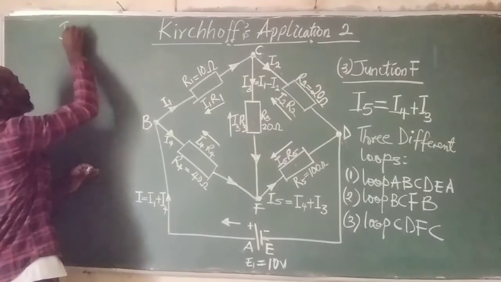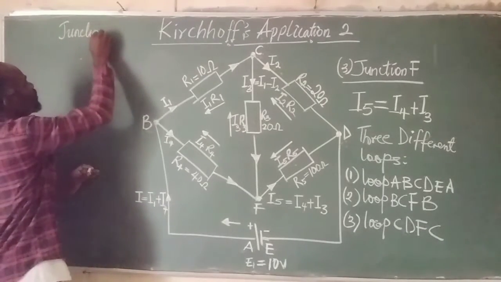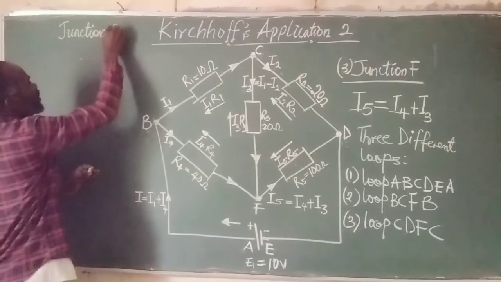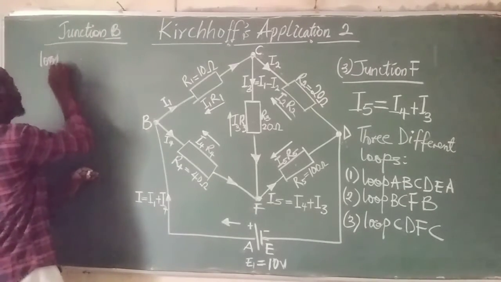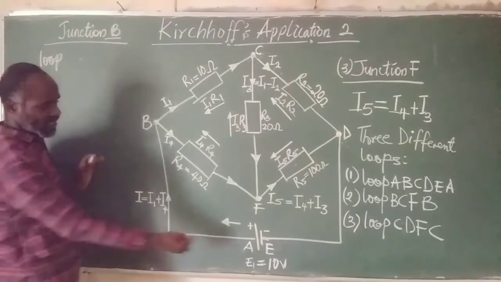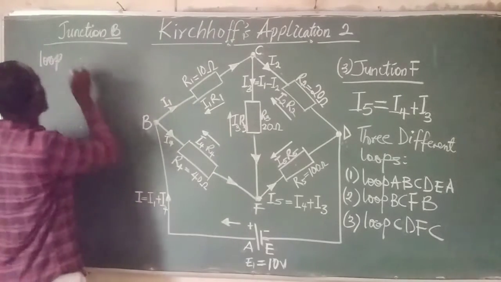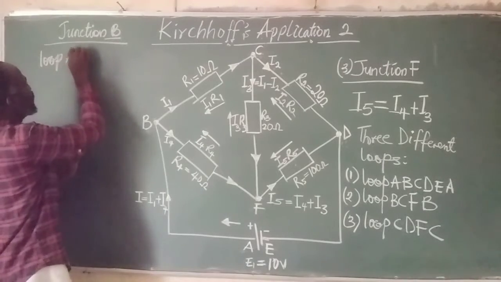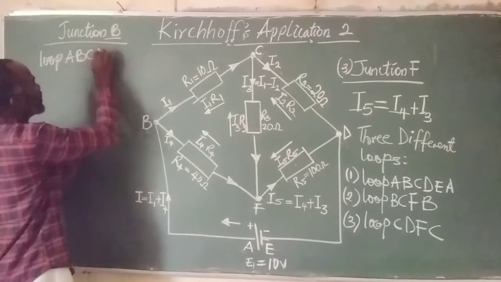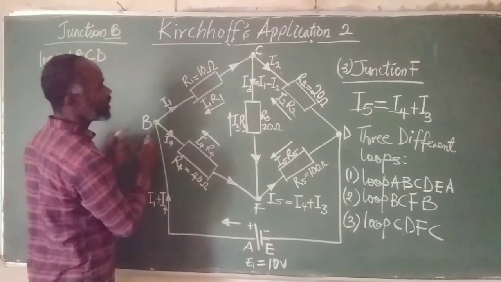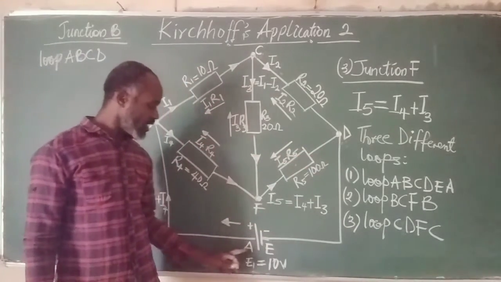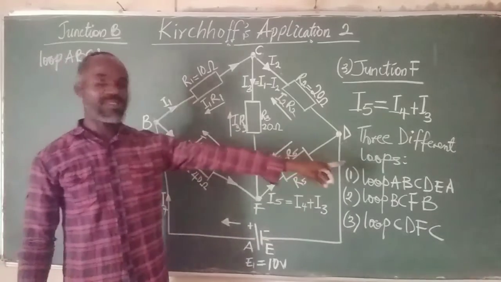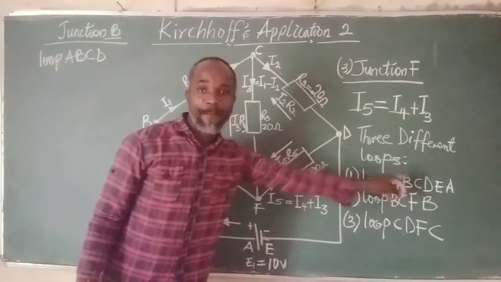We have junction B. The loop there is what we are going to consider now, but we are taking it from here. So the loop is A, B, C, D, E, A. Back to E, A. That's the first loop.